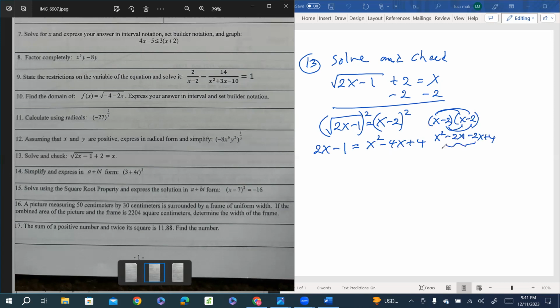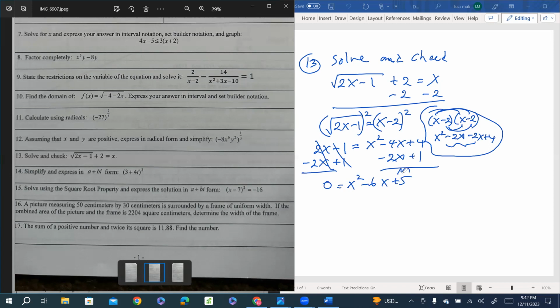You get the -4x from there. Now bring everything to one side. There's no combining like terms on either side. So let's subtract 2x and add 1. This cancels, that cancels. We get x squared minus 6x plus 5 being equal to 0.